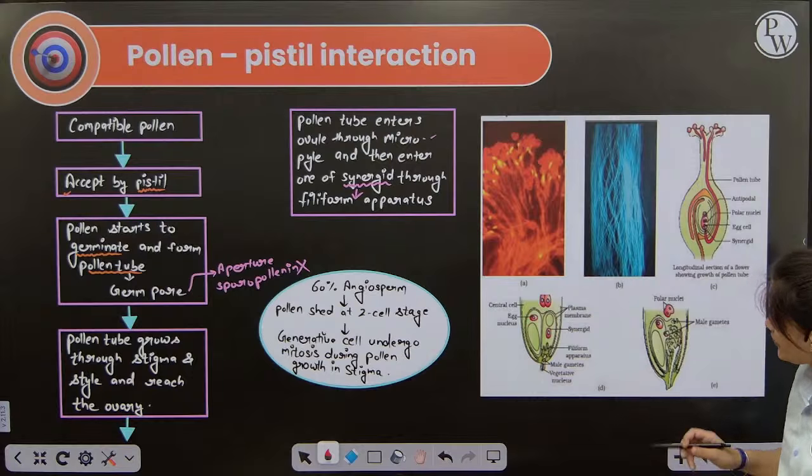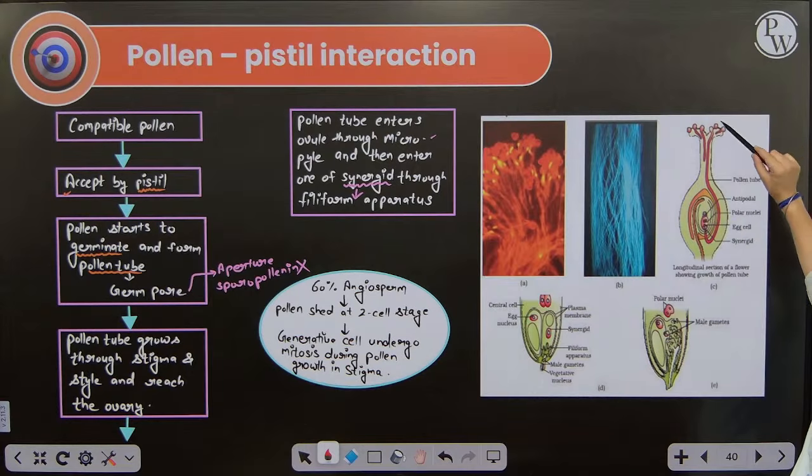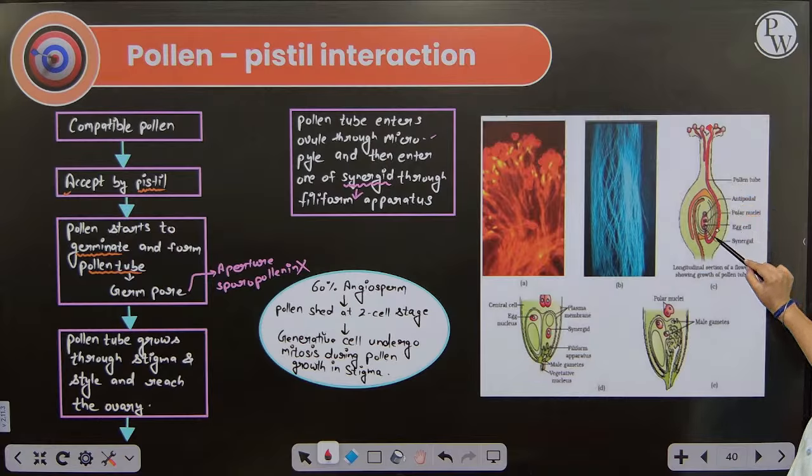If compatible pollen lands on the stigma, then the pistil accepts it. Pollen starts to germinate. The pollen tube forms and grows through the stigma and style, and ultimately reaches the ovary. Inside the ovary, what is present? Ovule. Inside the ovule, the embryo sac is there.